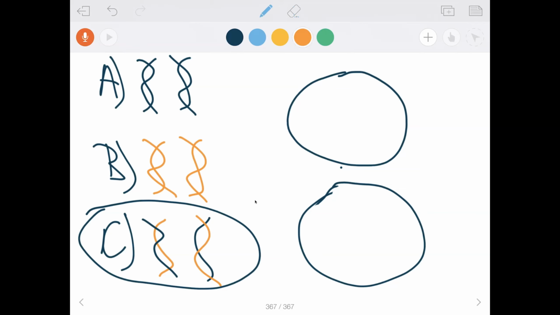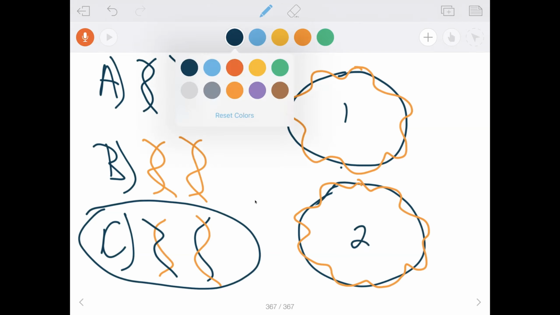You'll have to excuse my terrible artistic abilities. You have one copy. Here's your first copy. Here's your second copy.